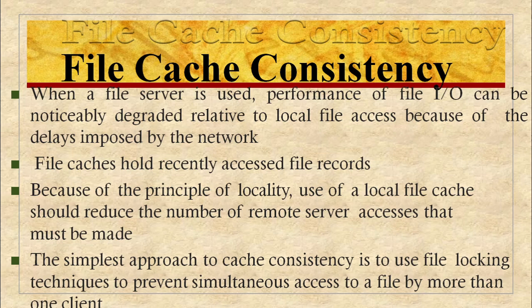File caches hold recently accessed file records because of the principle of locality. Use of a local file cache should reduce the number of remote server accesses that must be made. The simplest approach to cache consistency is to use file locking techniques to prevent simultaneous access to the file by more than one client.